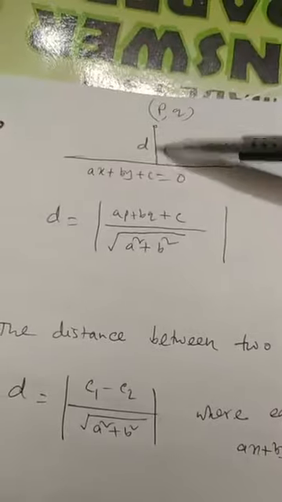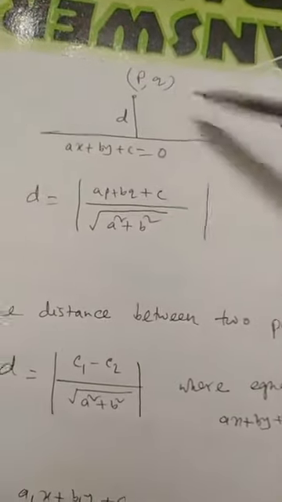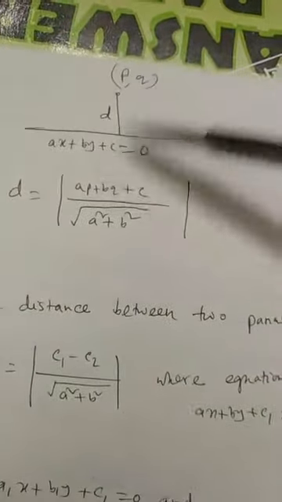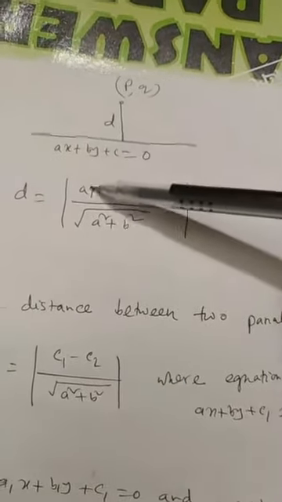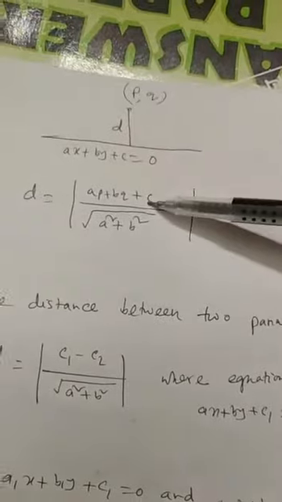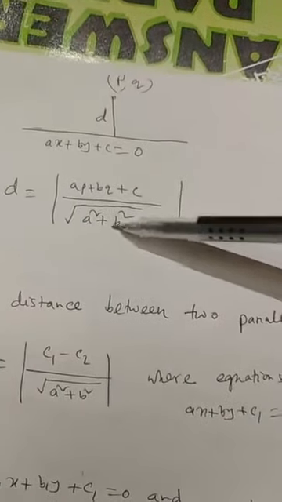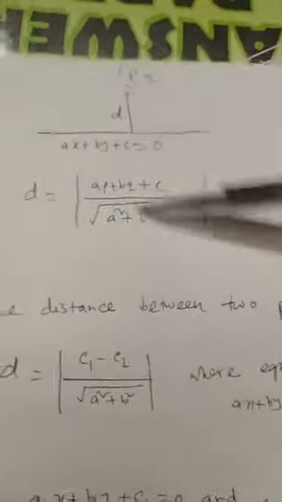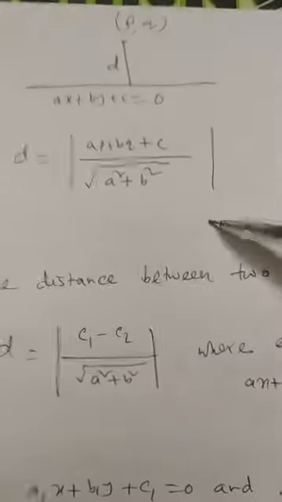The formula is, you put p in place of x, you put q in place of y and write it up to c, and here the denominator is root over a square plus b square. So this is a very important formula. You just remember this one.